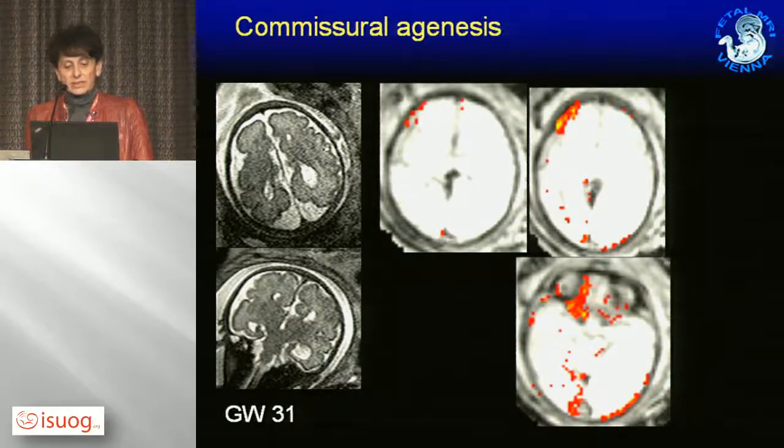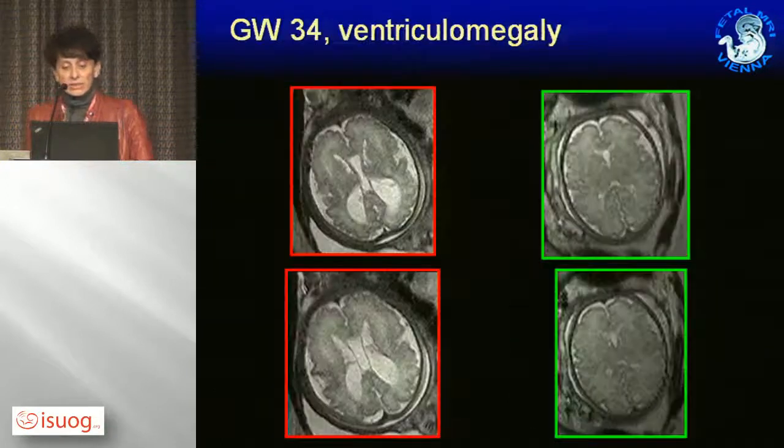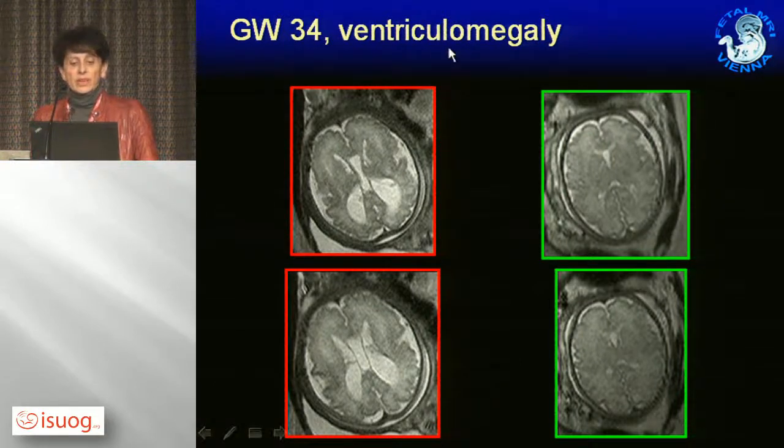This was the confusion of the commissures. Now, the confusions of the metabolic disease follows. Gestation week 34. The referral for MRI was because of slight ventriculomegaly. In red, you have the sick fetus. In green, you have a normal one, age-matched.